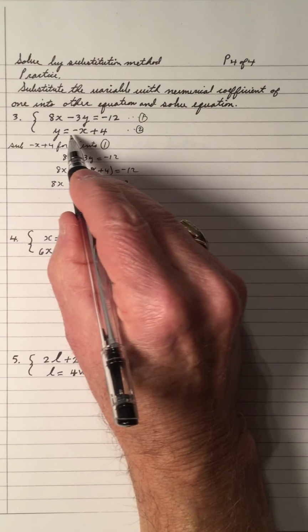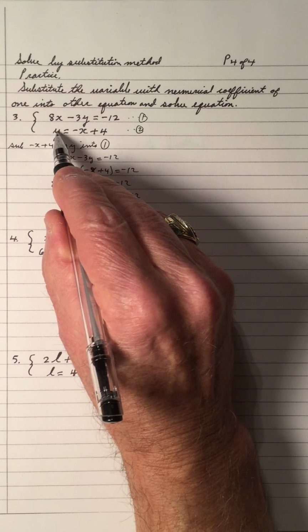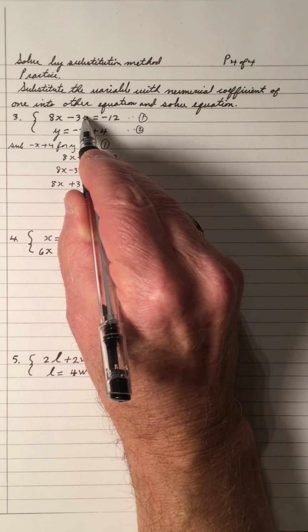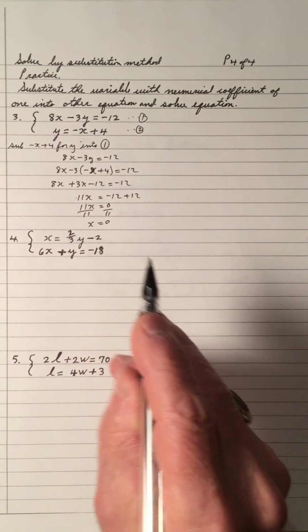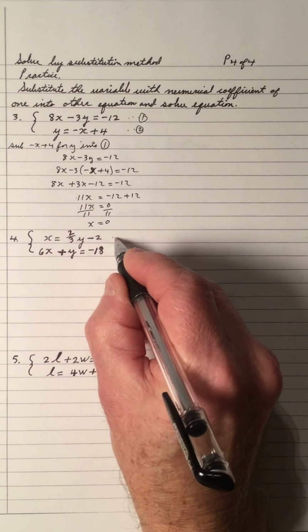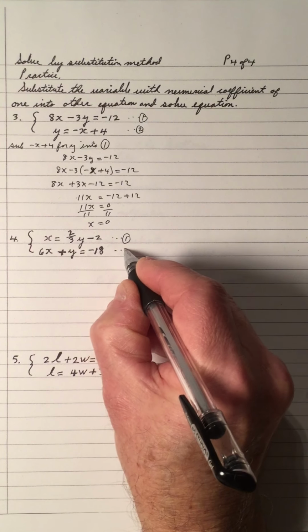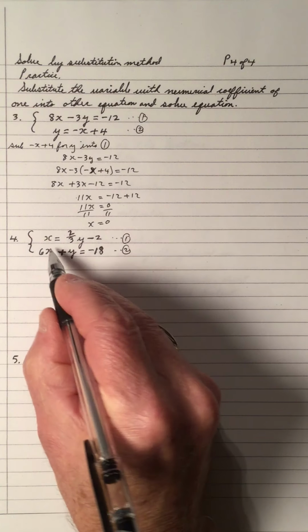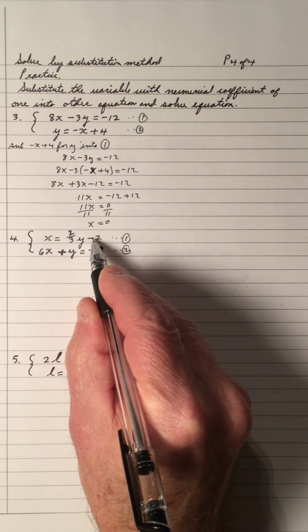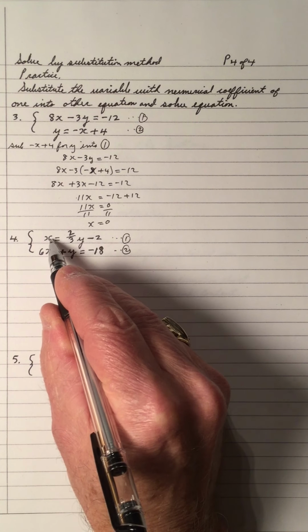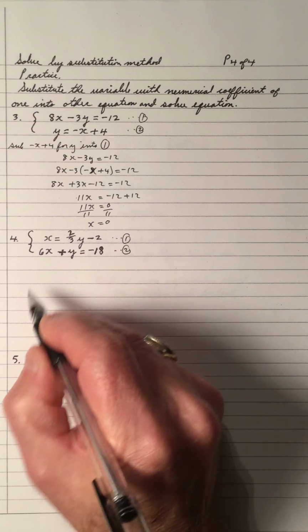So again, number 2 is solved for y, so we're subbing that into number 1 to replace the y, so we'll have all x's. Number 4, this is number 1, this is number 2, and this is the equation that's solved for x. So we'll sub this into that x right there.